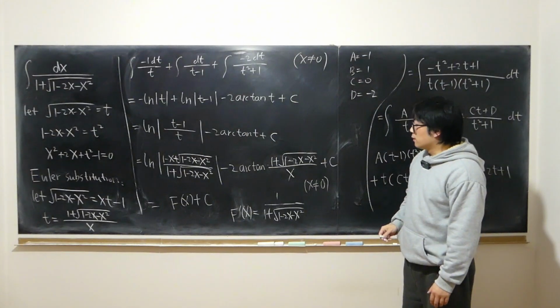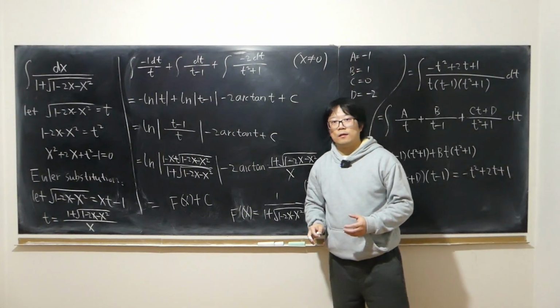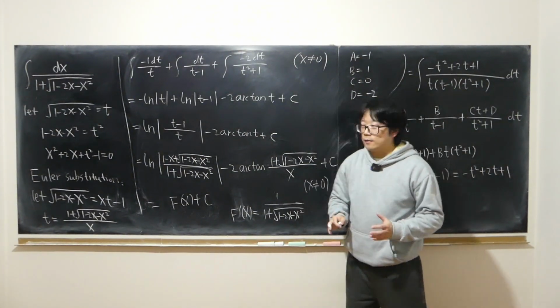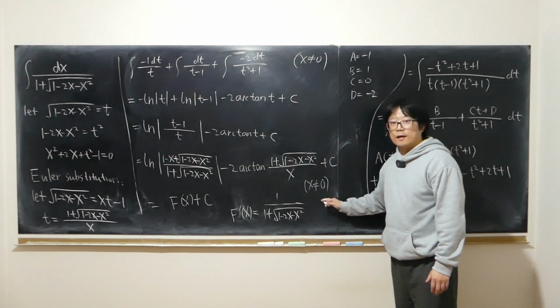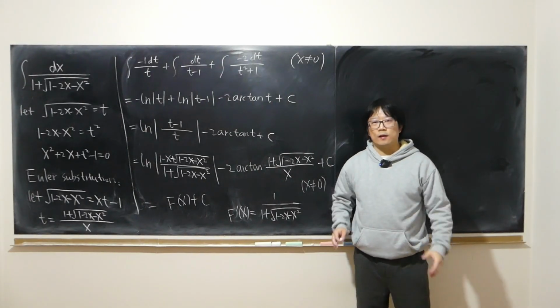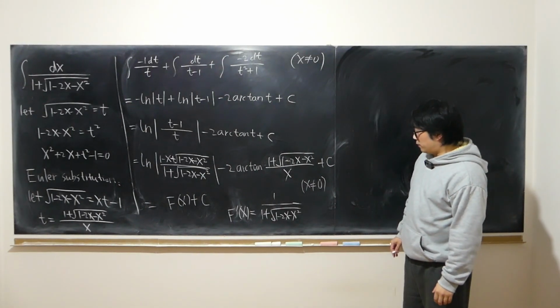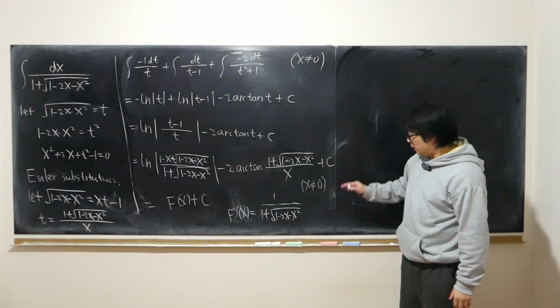But I'm not done yet, so don't start celebrating yet. We have to discuss when x equals 0, what's its antiderivative. We cannot start celebrating until we find out its antiderivative when x is equal to 0.